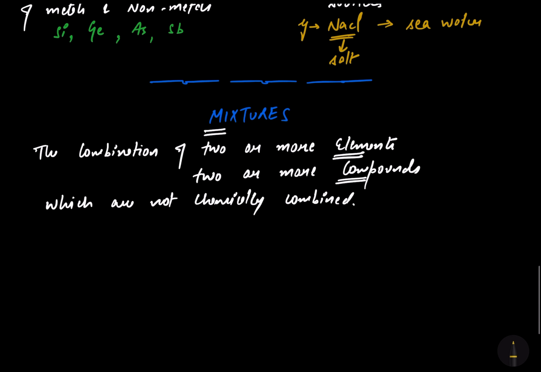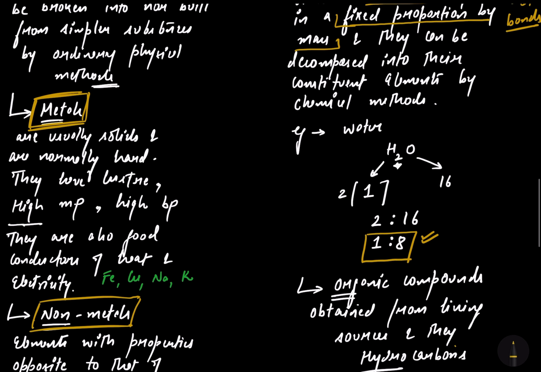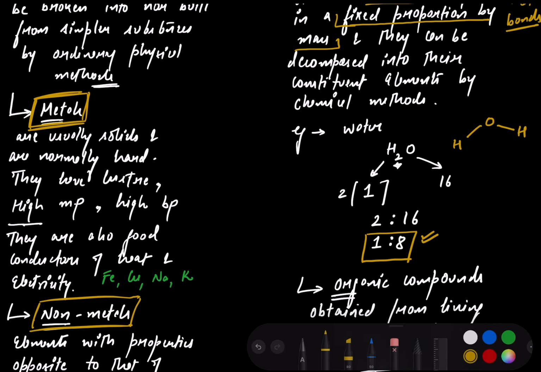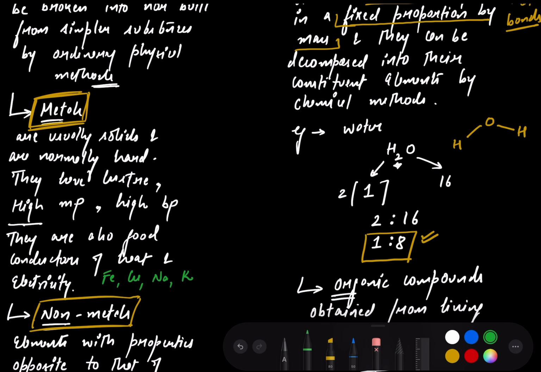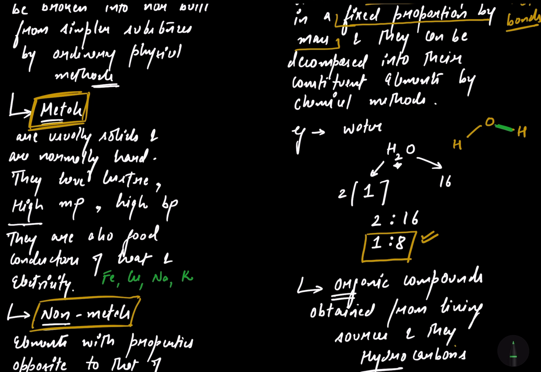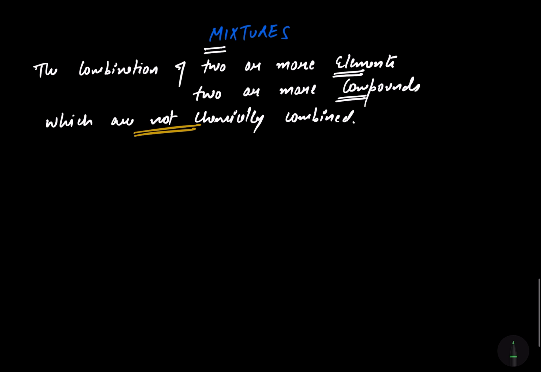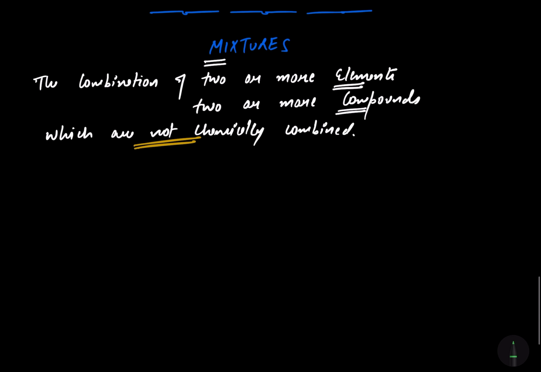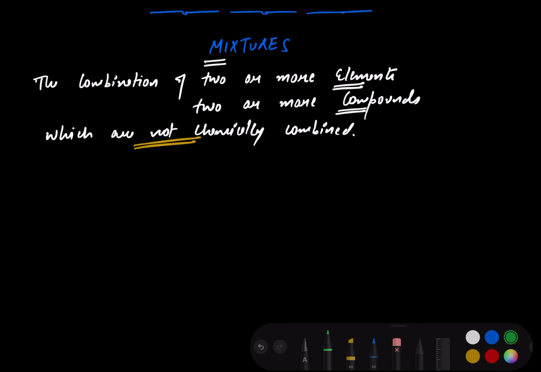But in case of mixture, we are not having any chemical combination. Like in water, oxygen has one covalent bond with one hydrogen and another covalent bond with another hydrogen. So these are actually chemical bonds between two elements, oxygen and hydrogen. But in case of mixture, we are not having any chemical combination.